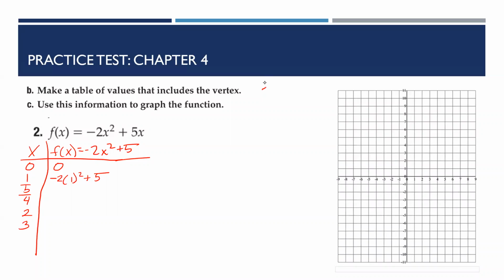Okay. So once you plug 1 in, this ends up being 3, and then the 5/4 ends up being 3 1/8.